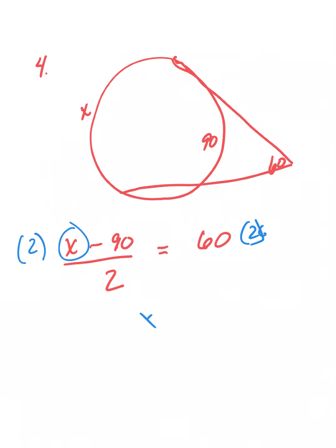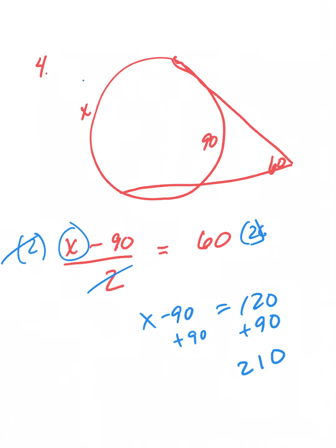And we get that X minus 90, because these 2's bite the dust, equals 120. And then we add 90 to both sides. And it's going to be 210. So that's the big guy. Now you take 210 minus 90, and you get 120 divided by 2 is 60. So it worked. You can check your work.